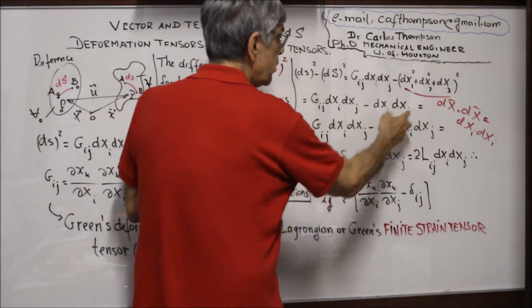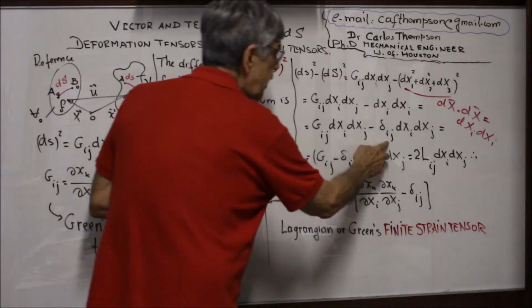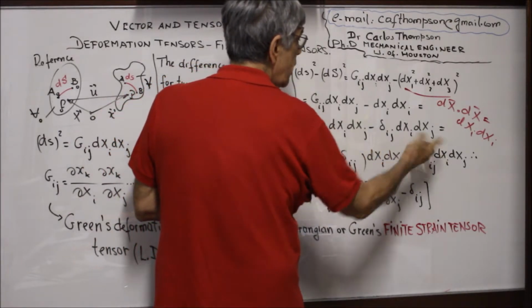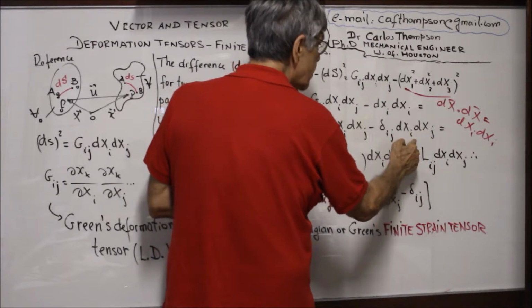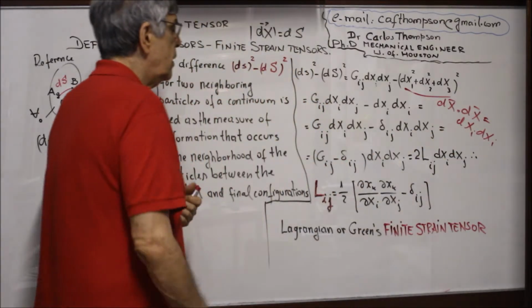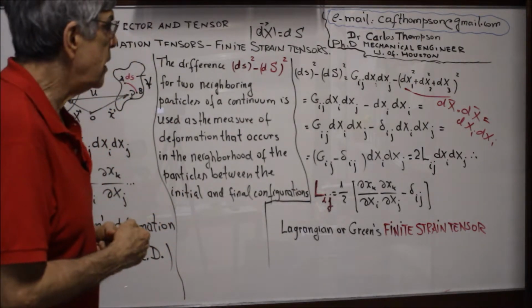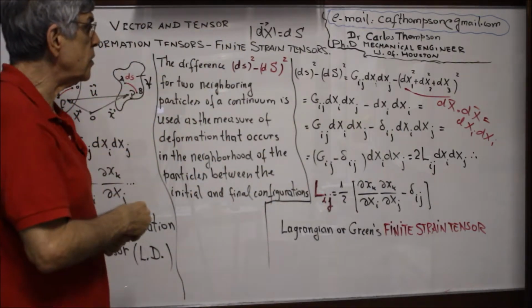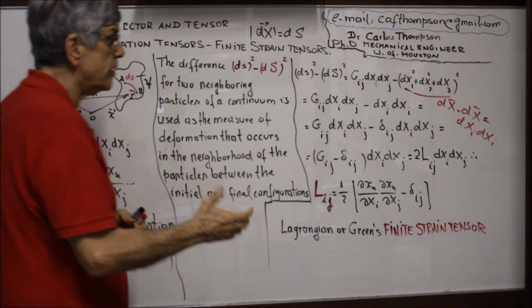No problem, I use the property of the Kronecker delta: delta ij dXi dXj gives dXj dXj or dXi dXi. If you don't know, please go to the lecture on vectors and tensors and see the properties of the Kronecker delta. That's very easy.